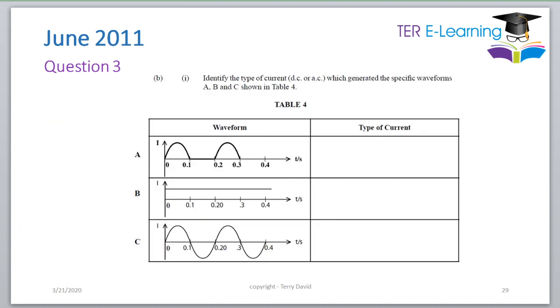Now let's move on to this one here. Identify the type of current, which is AC or DC, which generated the specific waveforms A, B, and C shown. Now, you all need to know the difference between AC and DC. With respect to DC, the current flows in one direction only.